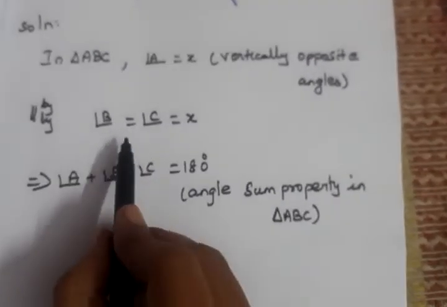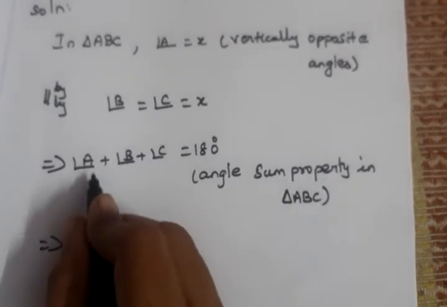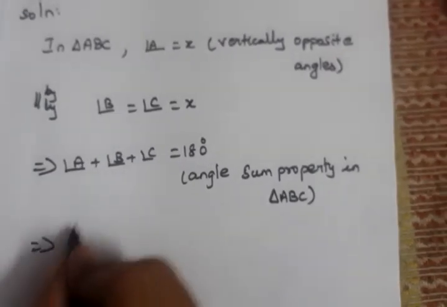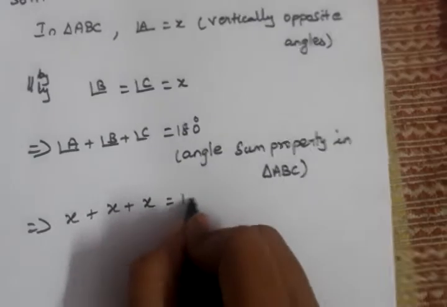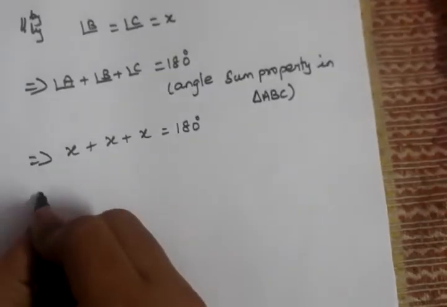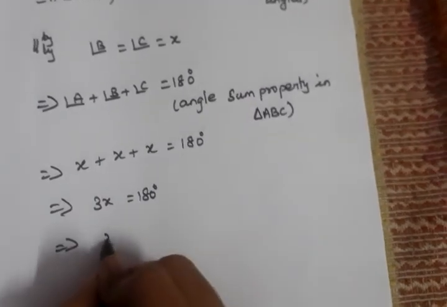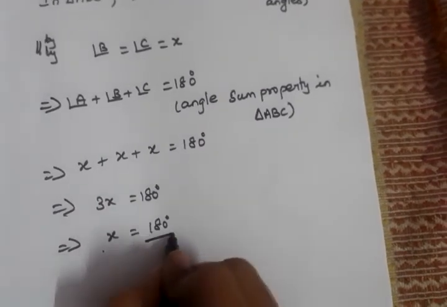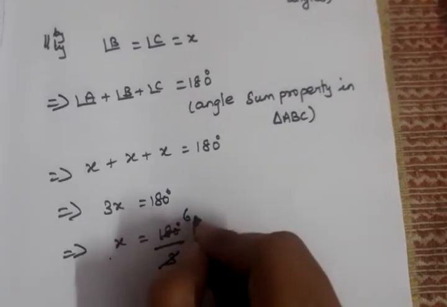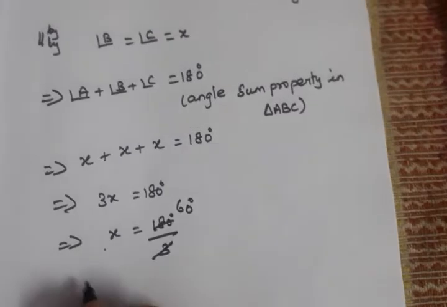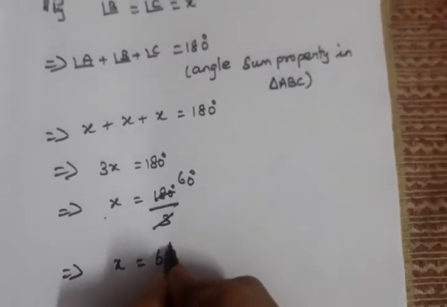Substitute the value of angle A, angle B, angle C: x plus x plus x equals 180 degrees. So 3x equals 180 degrees, x equals 180 degrees divided by 3, which is 60 degrees. So x equals 60 degrees.